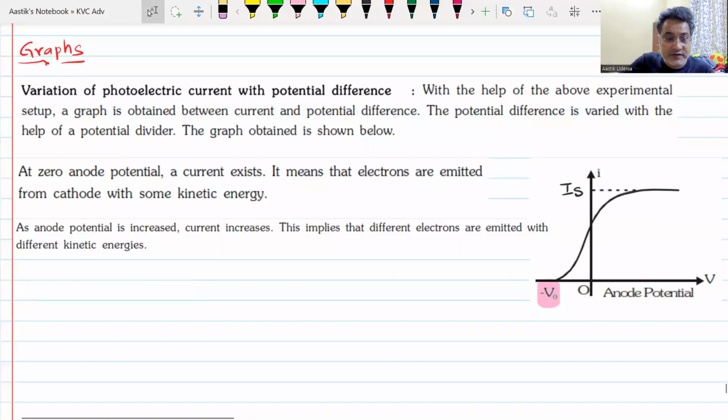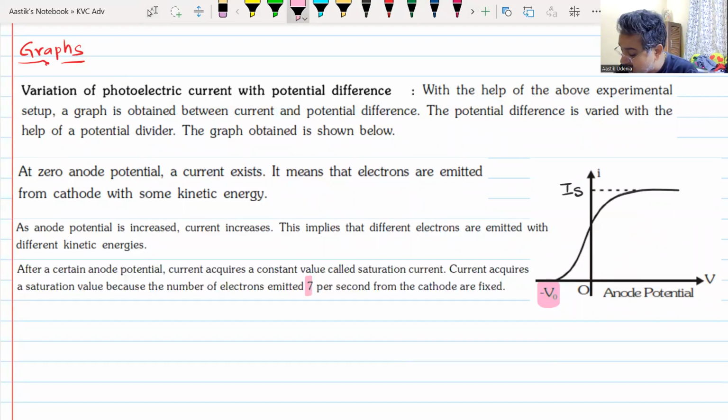More current will flow. Do we see this? Yes, sir. At a certain value, it becomes constant. It becomes constant because more electrons cannot be emitted, and all of the electrons that were emitted have now reached their destination. What is their destination? Anode. Do we understand this? Yes, sir.